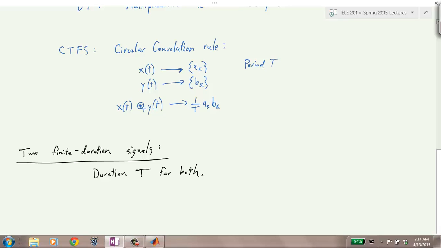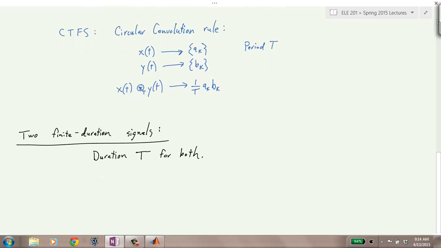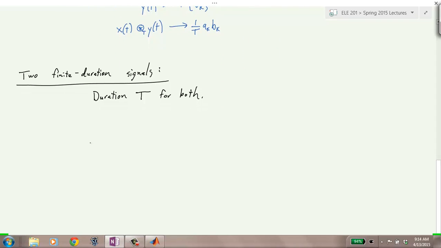For circular convolution, you should always have them matching in some way, either the same period or same duration. Here's an example of some finite duration signals. Here's one that goes from time 0 to time T, and maybe another one that looks like this, from 0 to T.